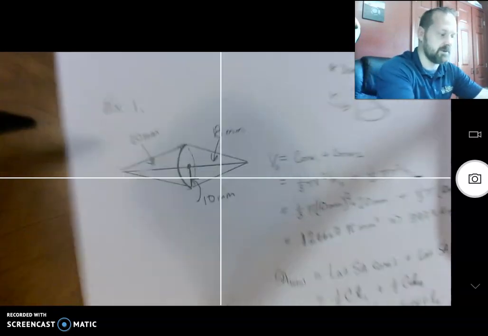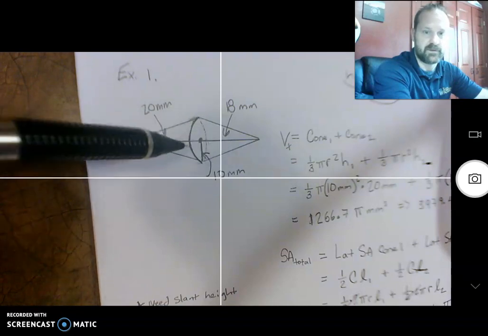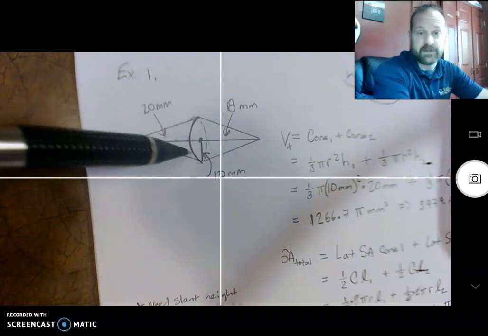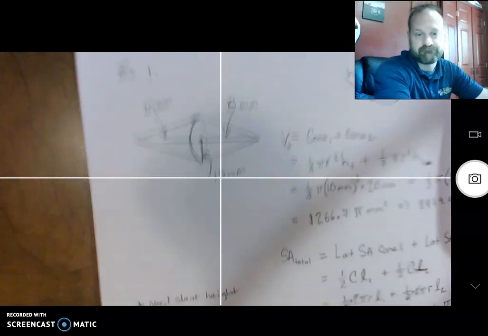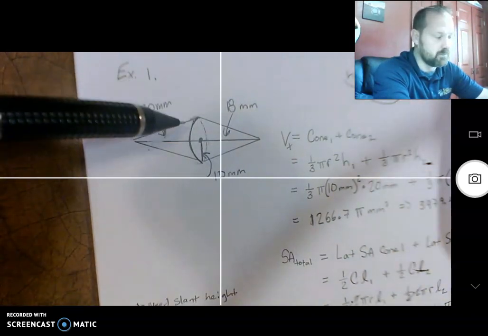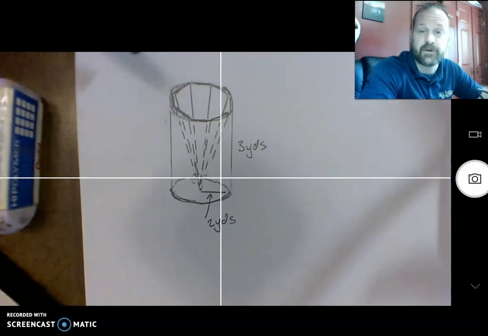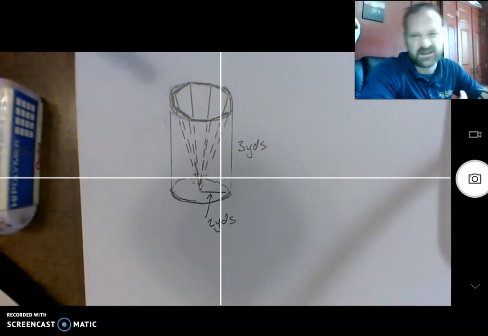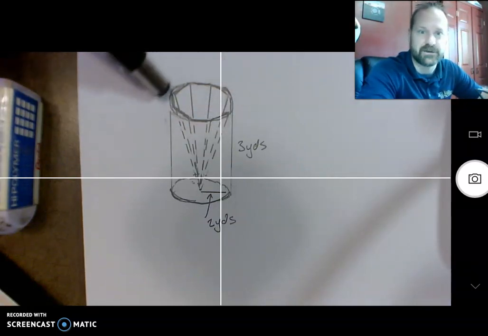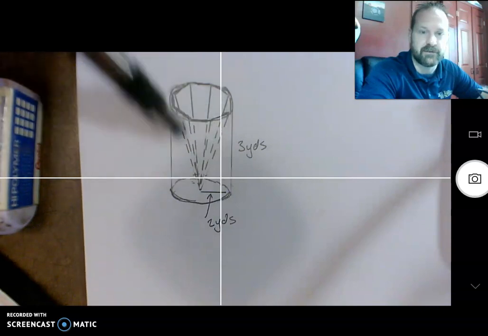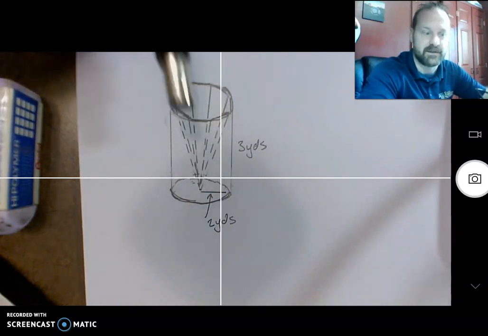Different than this one, here I wanted to know how much this was. Well, we don't know if that's solid or empty in this one, but we wanted to know how much. So the volume, going back to the definition, that's always a good idea: the number of cubic units contained in its interior. So this is the interior of it. Now, this doesn't exist because that's empty space of that figure.